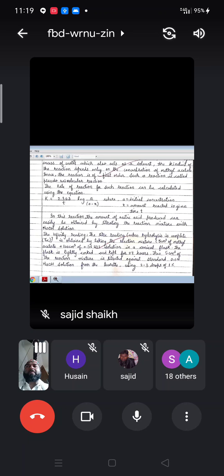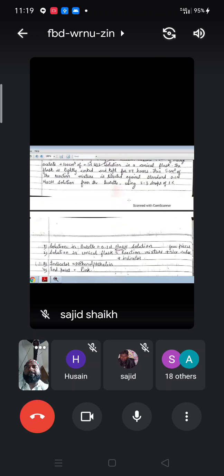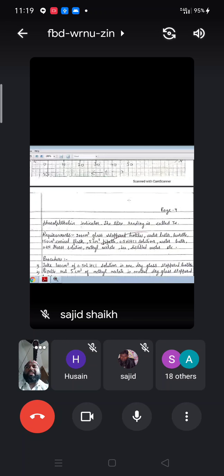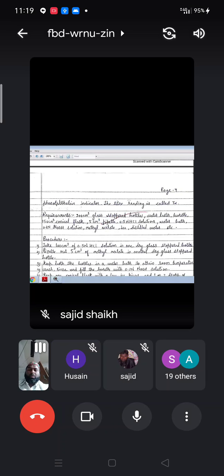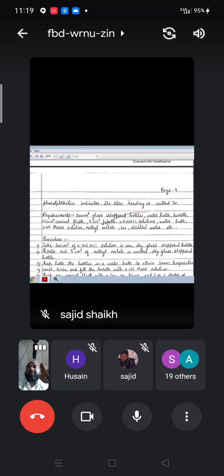Then 5 cm cube of the reaction mixture is titrated against standard 0.1 normal NaOH solution from the burette using 2-3 drops of 1% phenolphthalein indicator. The titre reading is called T infinite. That reading will be provided to you. You do not have to perform this step. We will do this and provide the T infinite value.